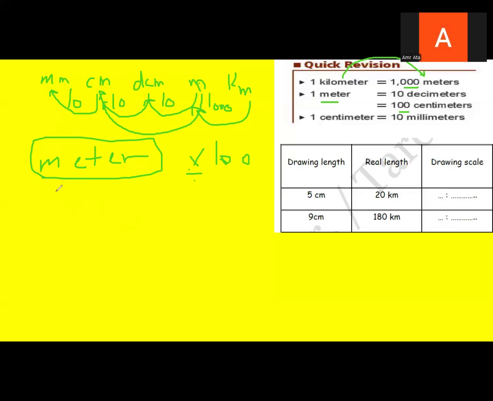If we have a problem with kilometer, we have to convert it to centimeter. The distance between kilometer and centimeter has 1, 2, 3, 4, 5 zeros. So when I convert from kilometer to centimeter, I will times or divide it by 100,000.